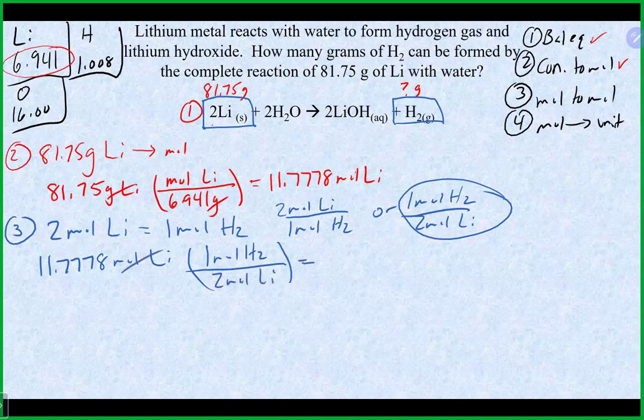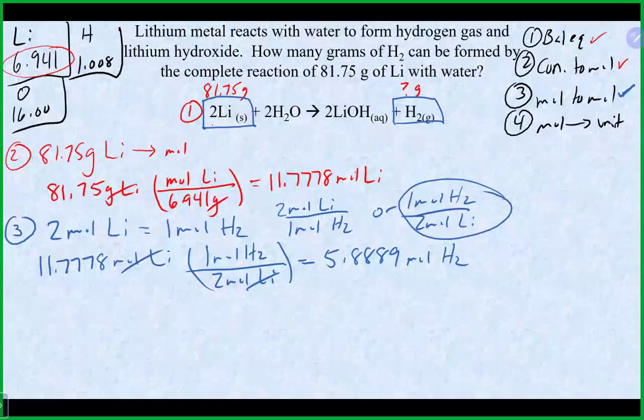And obviously here, the moles of lithium will cancel each other out. We're going to divide it by 2, basically, and we're going to end up with 5.8889 moles of hydrogen. So that takes care of step number 3. Any questions so far here?